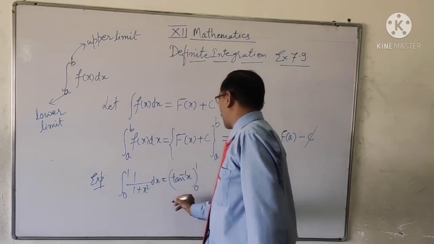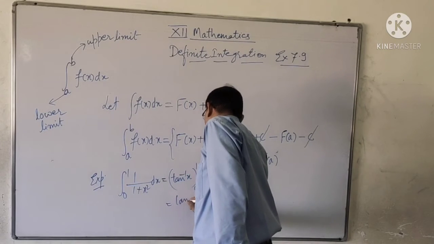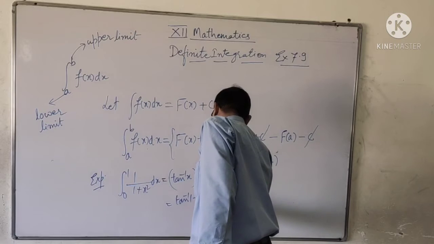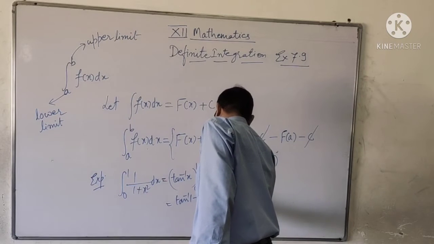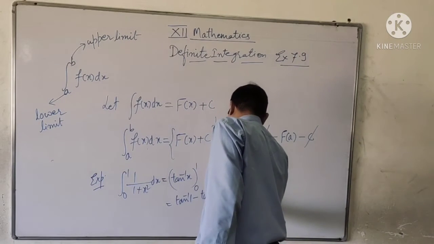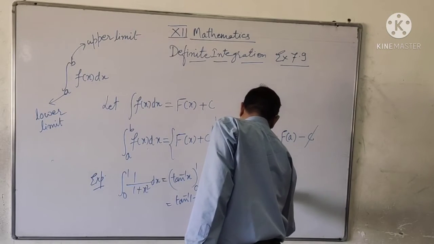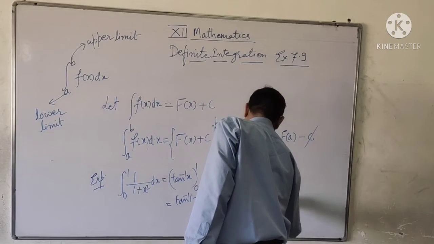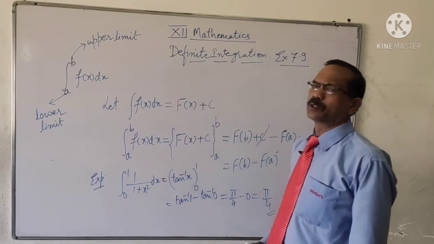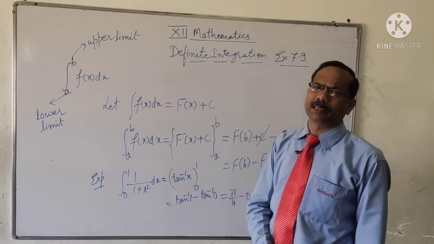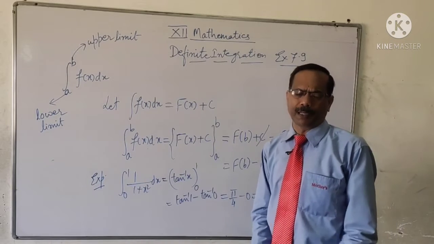Now we introduce the upper limit first: tan inverse 1 minus the lower limit tan inverse 0. Tan inverse 1 is pi by 4, tan inverse 0 is 0, so the answer is pi by 4. This way we will solve the definite integration without using property.